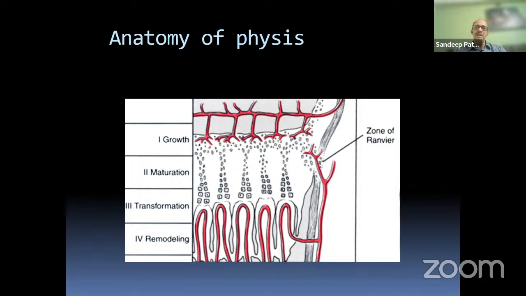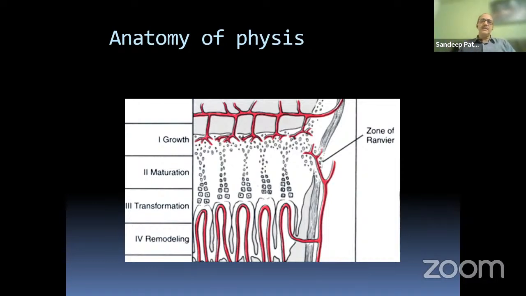Also, from the metaphyseal area, you have one perichondrial vessel, the perichondrial ring, also called the zone of Ranvier, where the bone becomes wider transversely, and the rest of the bone becomes long in the epiphysis. This is how it is.